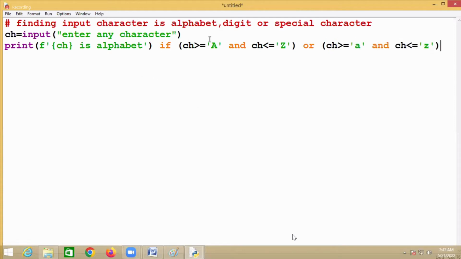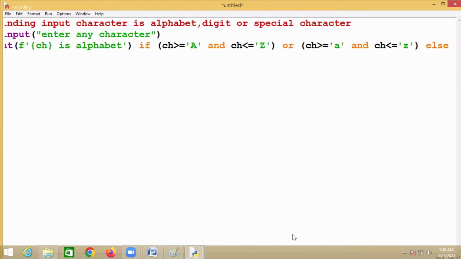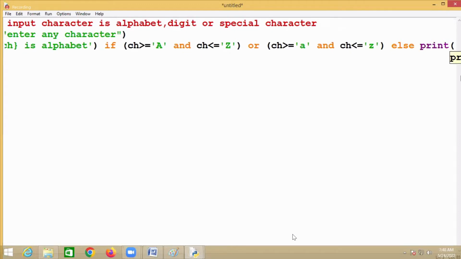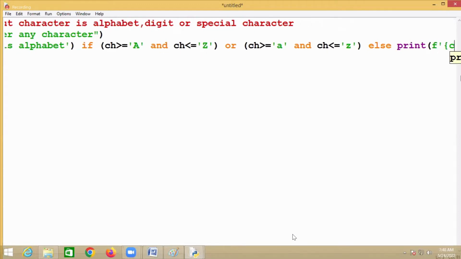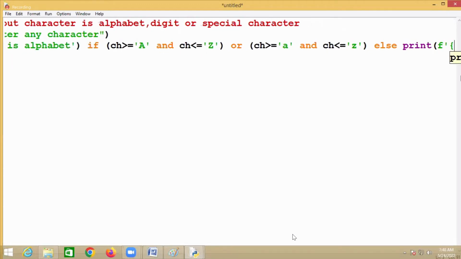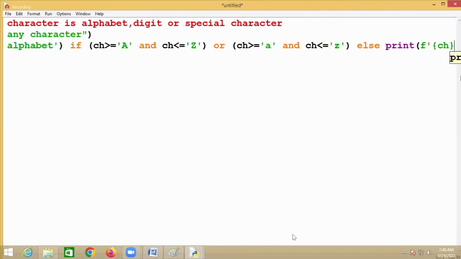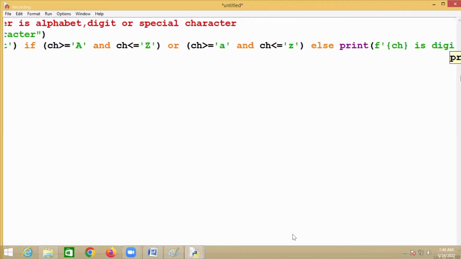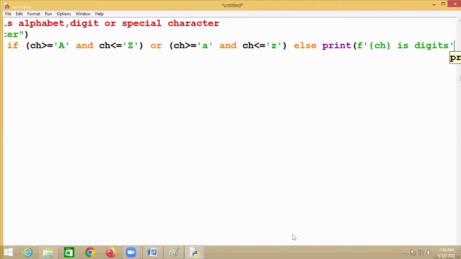So the input character is between uppercase and lowercase, and you're saying this character is alphabet. If not, else I'm printing: this character is digit.